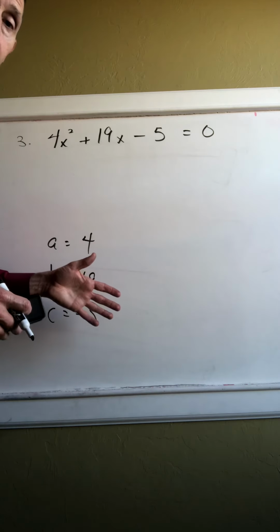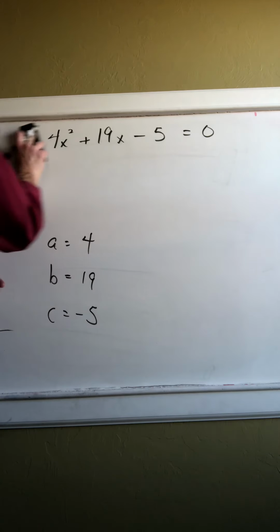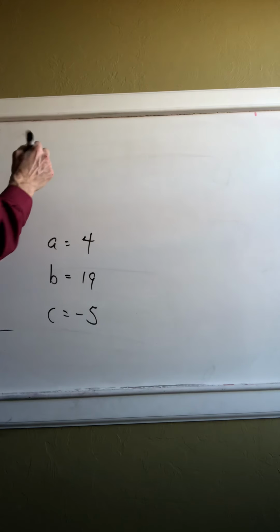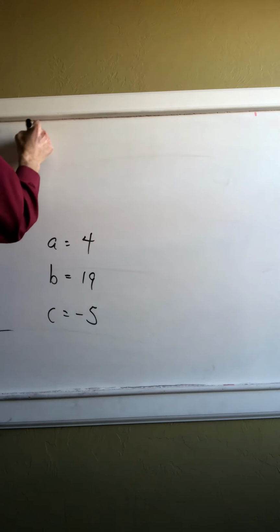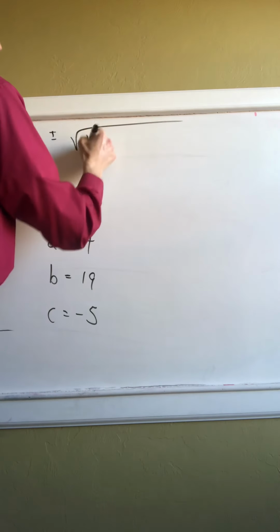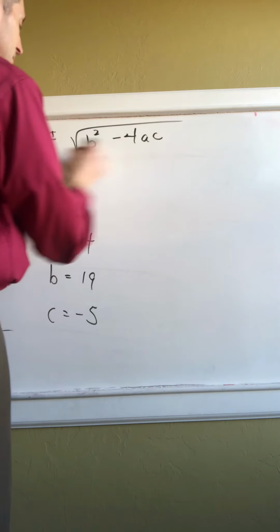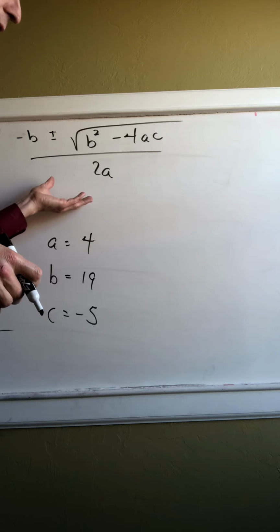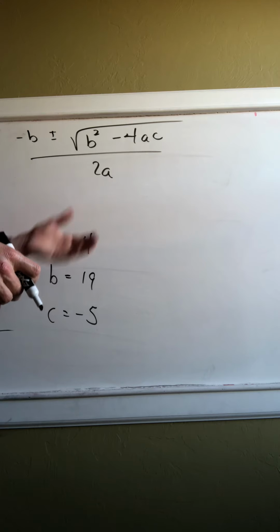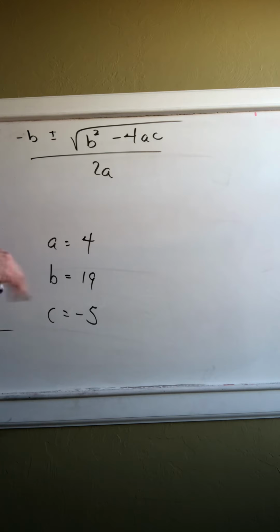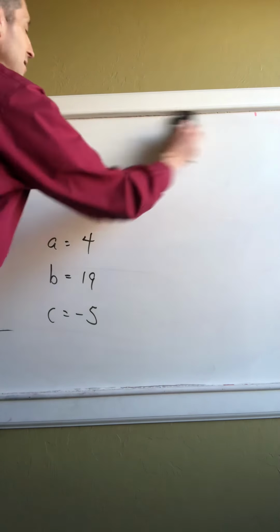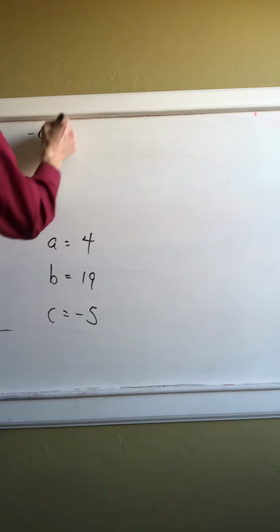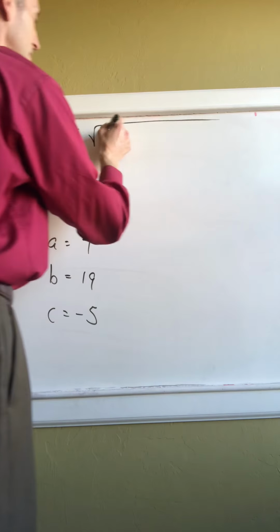Rolling with the quadratic formula again. Let's get everything ready to plug in. Negative b plus or minus the square root of b squared minus 4ac. So, third example, third time today to write the quadratic formula. That's what it looks like. As you guys know, I prefer to get it all set up.